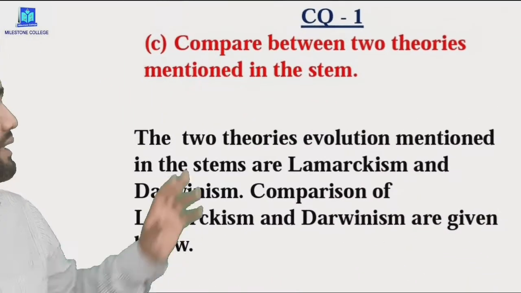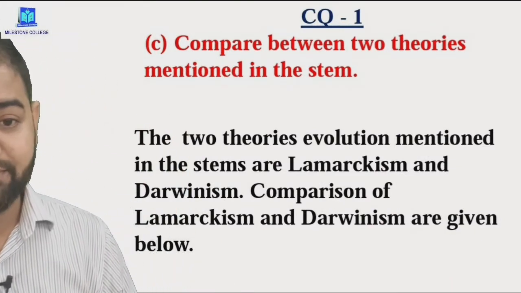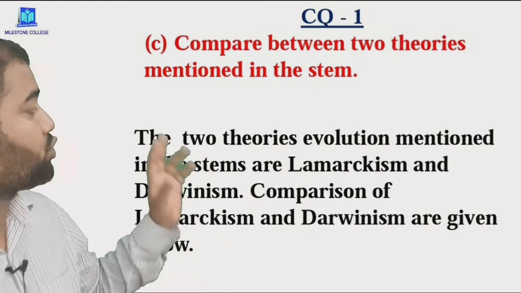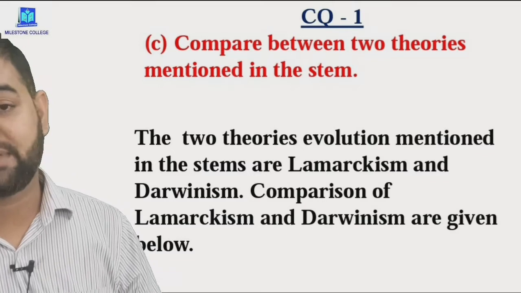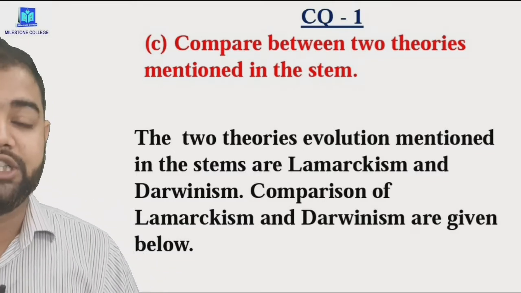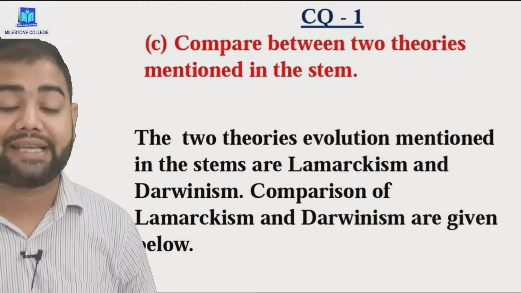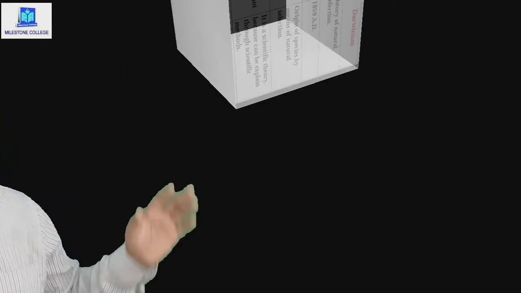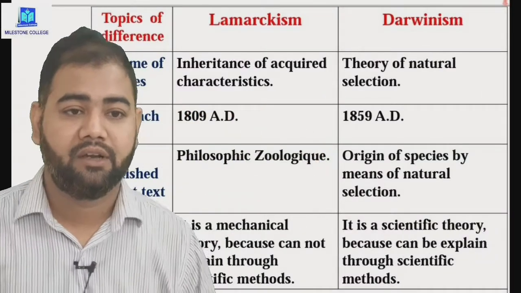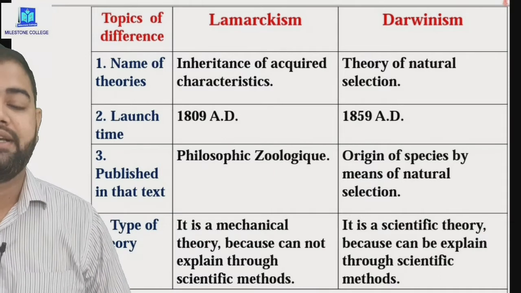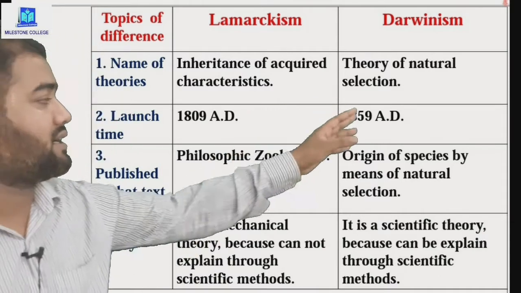Here the question C, compare between two theories mentioned in the stem. Dear students, the two theories of evolution mentioned in the stem are Lamarckism and Darwinism. Comparison of Lamarckism and Darwinism is given below. First of all, name of theories: inheritance of acquired characteristics and the theory of natural selection.